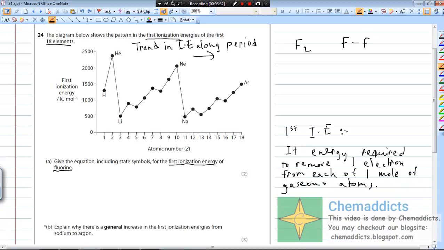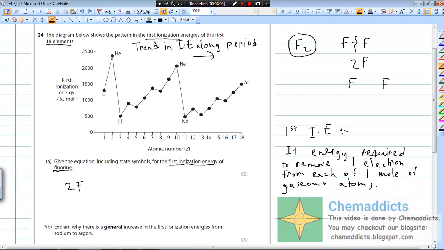To ionize fluorine, at first we need to break the molecule down into atoms. So here it is in molecule form, and now we are going to break this down into atoms.